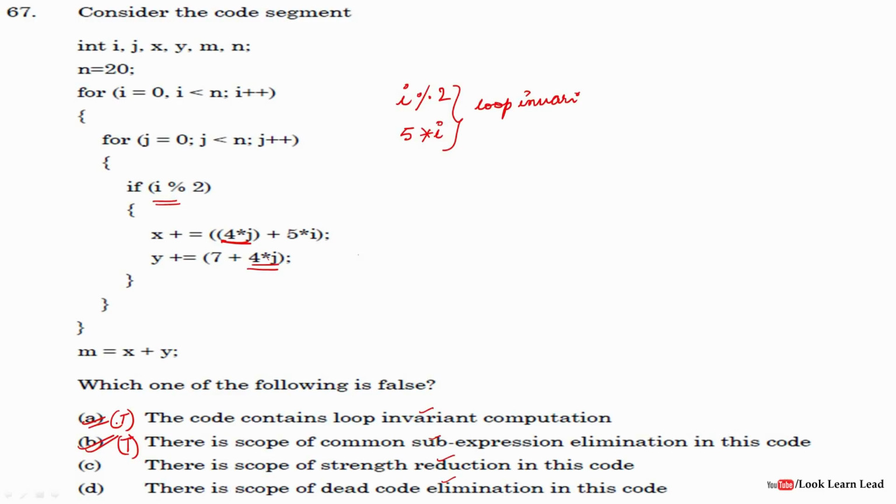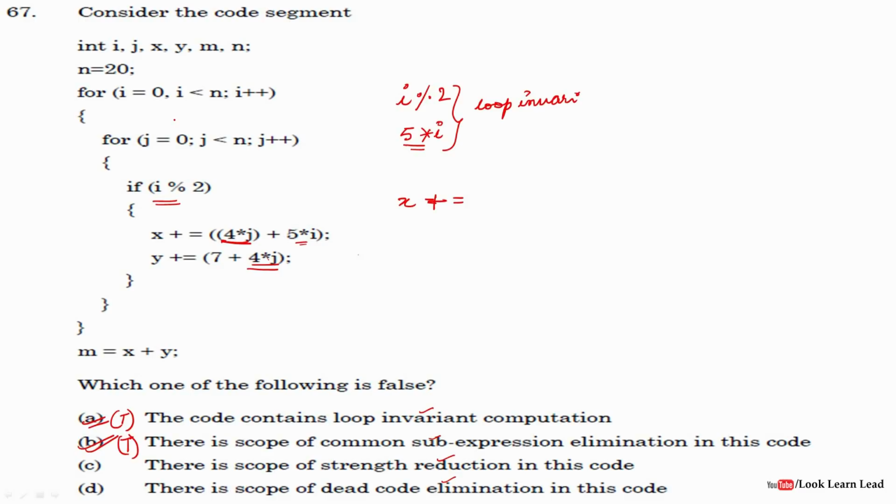Now, in place of 5 * i, we can use something like x += 5; we can initialize this 5 * i with some value outside the loop only.